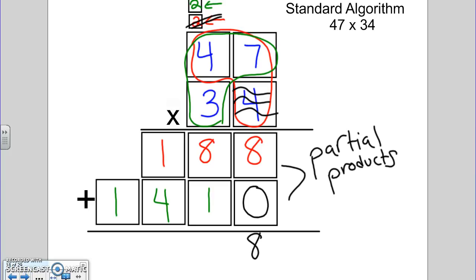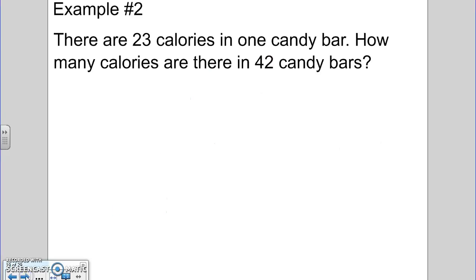What is 8 plus 1? 9. And we have 1 plus 4, which is 5. And we're going to bring down our 1. So our answer is 1,598.